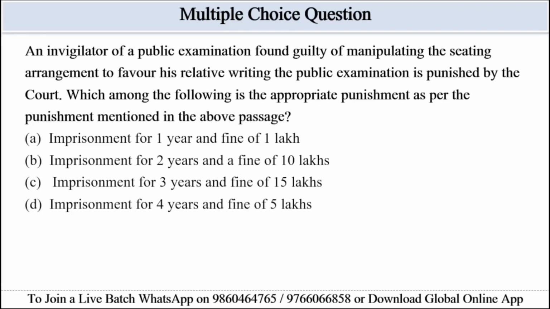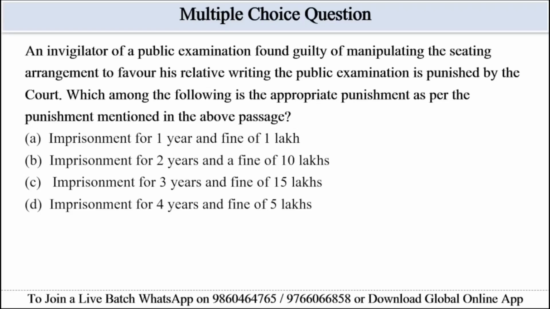So on the basis of this, option A, imprisonment for 1 year and fine of 1 lakh, this is incorrect because the minimum imprisonment mandated by the act is 3 years. So 1 year is below the statutory minimum. In case of option B, imprisonment of 2 years and a fine of 10 lakh, this is also incorrect because again the imprisonment term of 2 years is below the mandated minimum of 3 years.